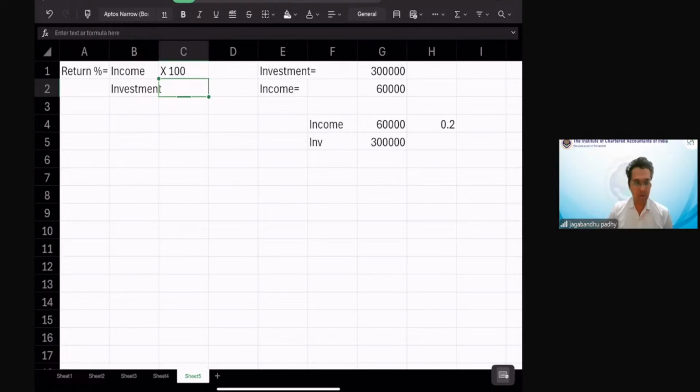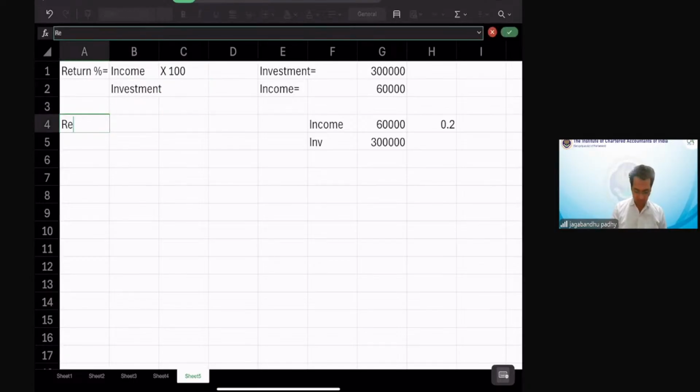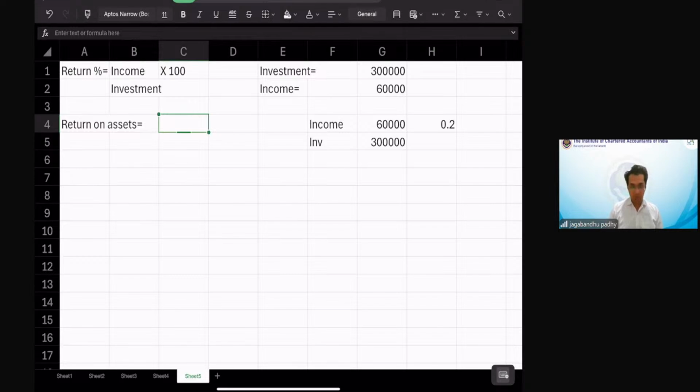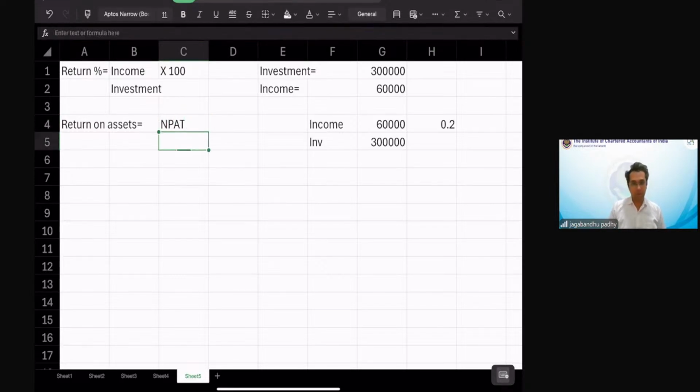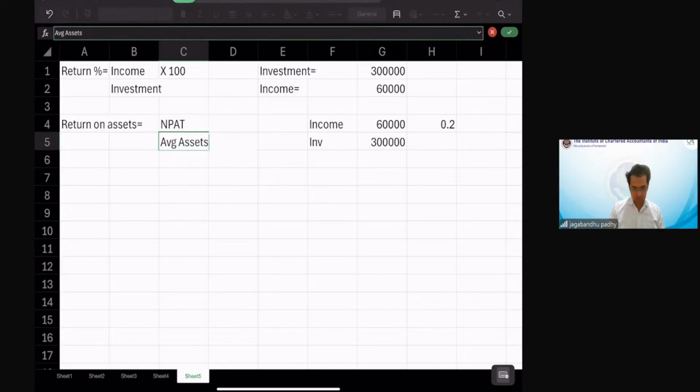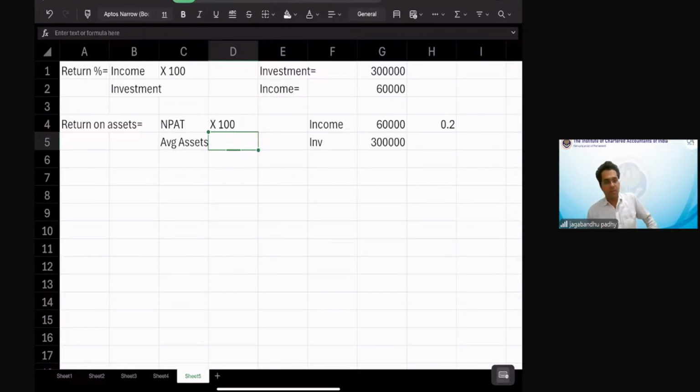So if you want, let's say return in percentage term, return on assets, return on assets will be like we are earning the net profit after tax upon average assets, and then you multiply this by 100. Okay, that's the return on assets, net profit after tax upon average assets into 100.